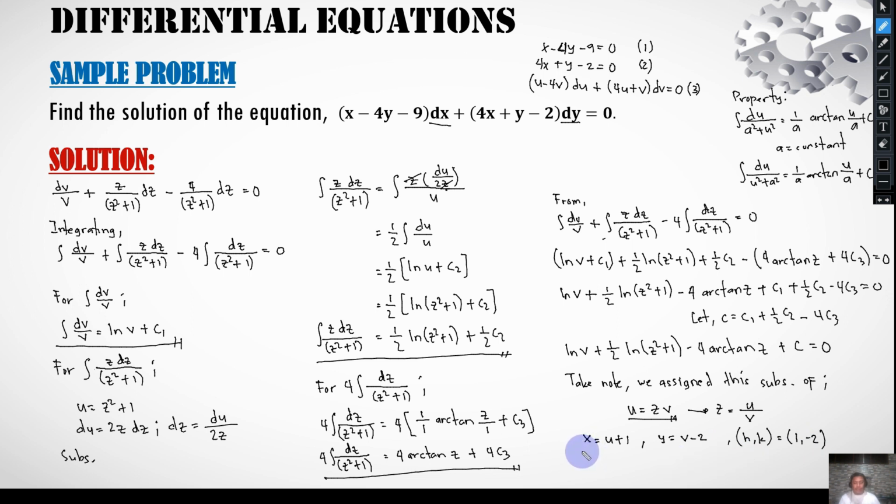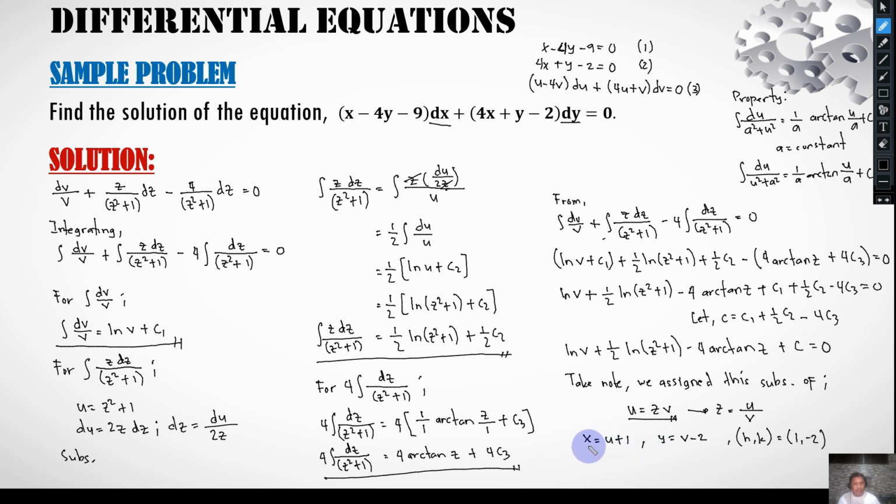Now, from this, students, if we can express this z in terms of u and v, we have a relationship of x with respect to u and of y with respect to v. So we can also later substitute u and v in terms of x and y.